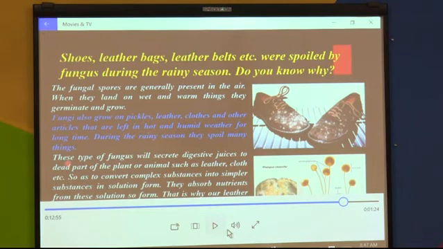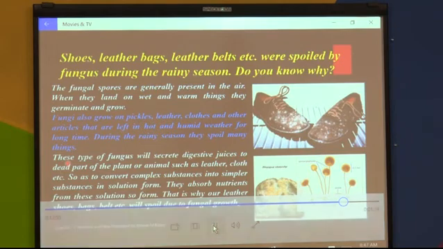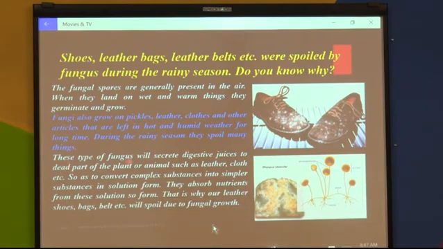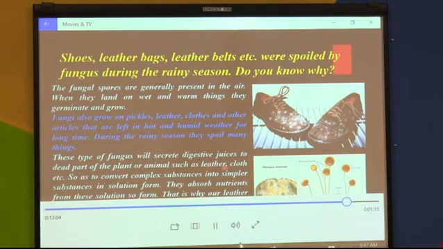They absorb nutrients from these solutions. That is why our leather shoes, bags, belts, etc. spoil due to fungal growth. So this is saprophytic nutrition, and these are the saprotrophs.